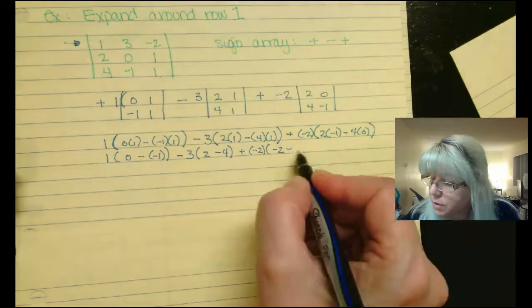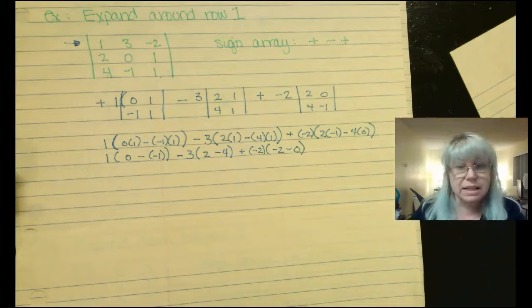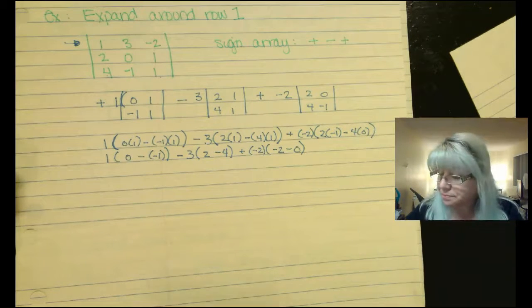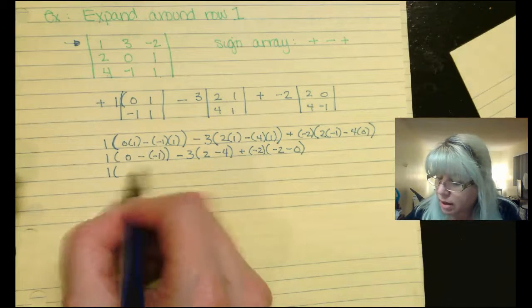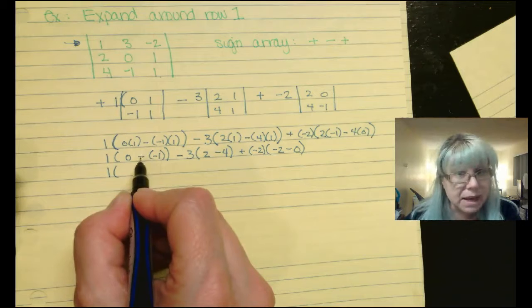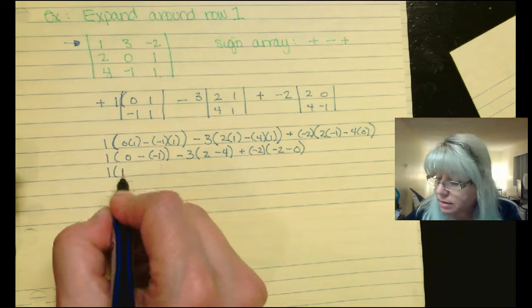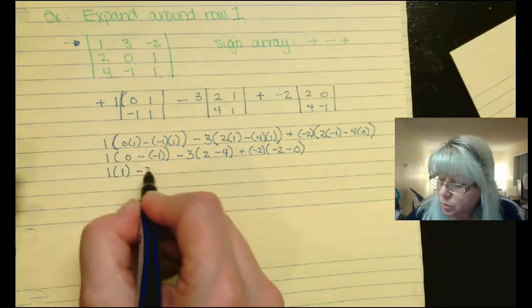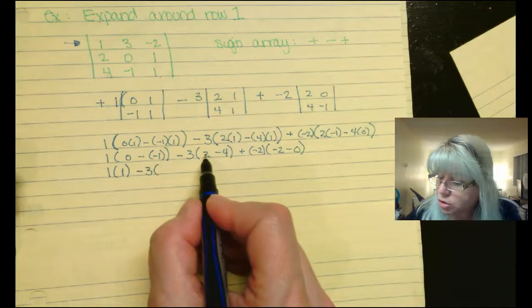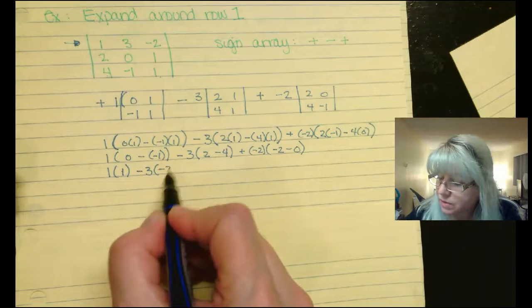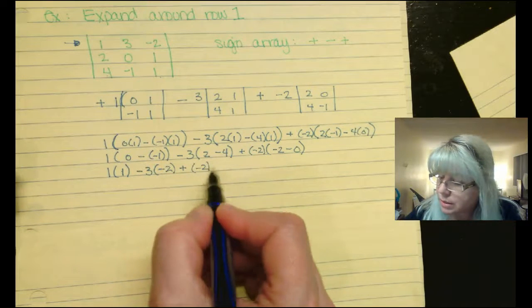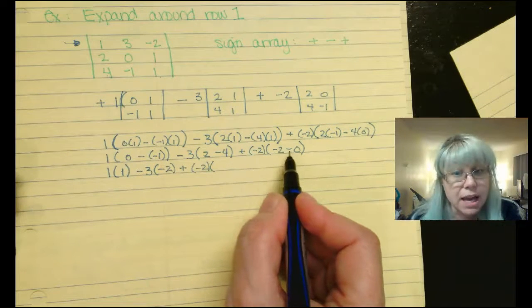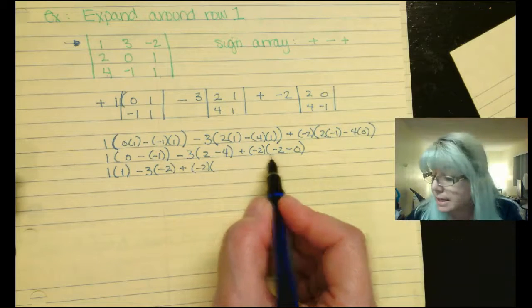Minus 4 times 0 is 0. Let's keep simplifying. 1 times, well, 1 minus a negative 1 is, well, a minus negative 1 is a positive 1. Minus 3 times 2 minus 4 is negative 2. Plus negative 2 times negative 2 or minus 0 is negative 2.